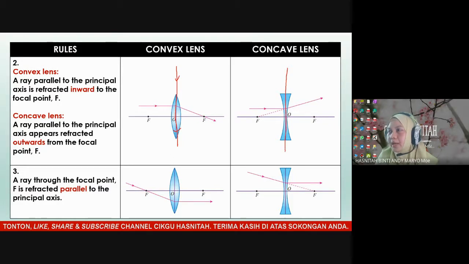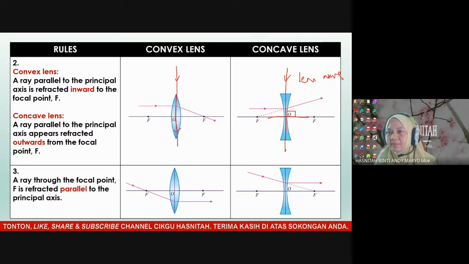This we call the axis, the lens axis. For lens, this is not the normal line. If you look at the table just now, this is the lens axis. Lens axis is a straight line through the optical center and perpendicular to the principal axis. We didn't call it a normal line here in lenses.